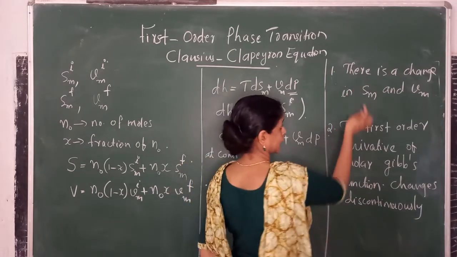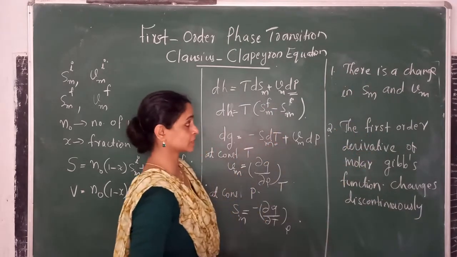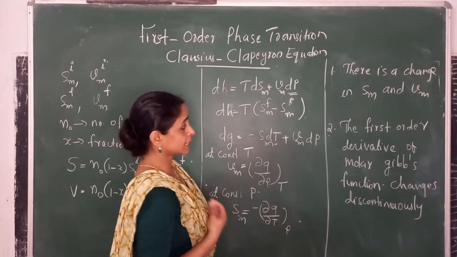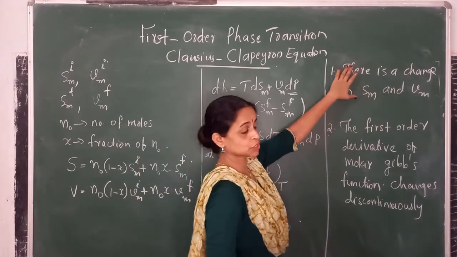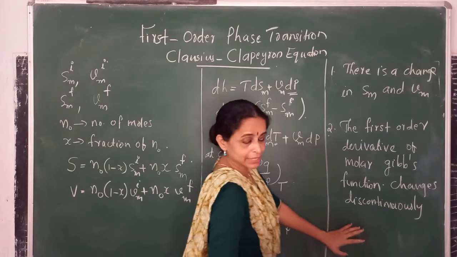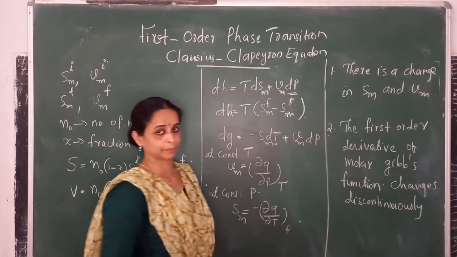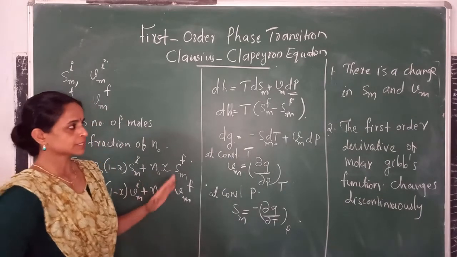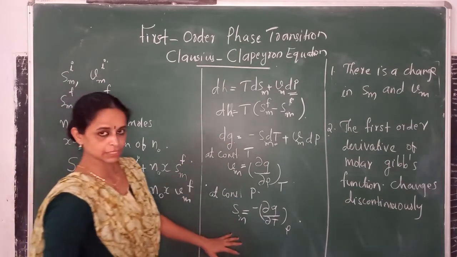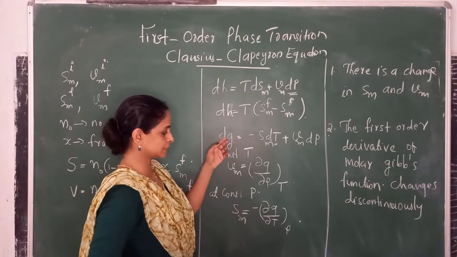So any transition which satisfies these two criteria is known as a first order phase transition. These equations you will get from the Gibbs energy equation.